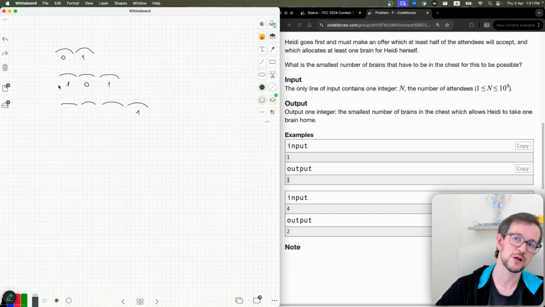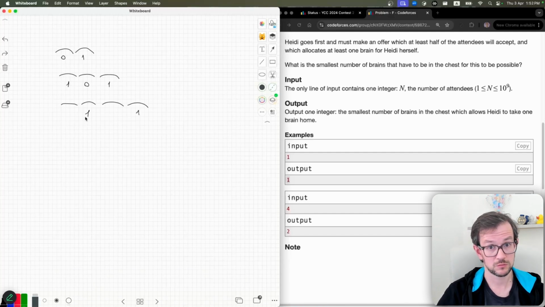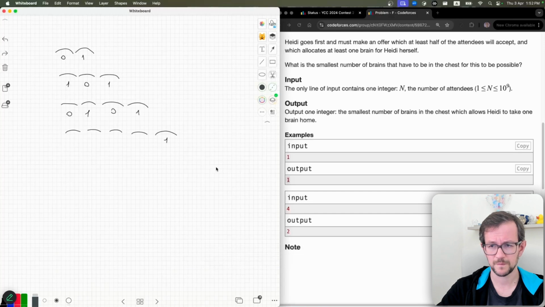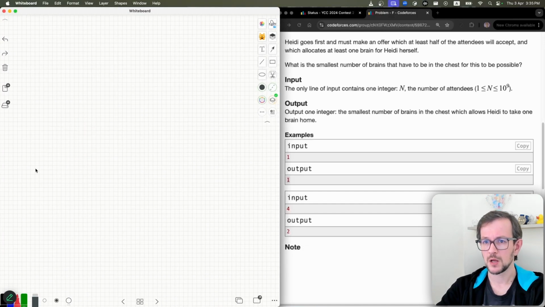So I basically try to play with some small values and just see what's going on. Then I see that the answer always looks kind of like this. Maybe it's not quite clear what I'm writing here. Let me stop here and draw you another picture.